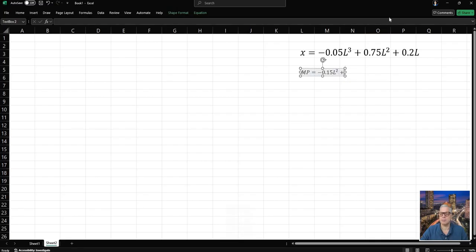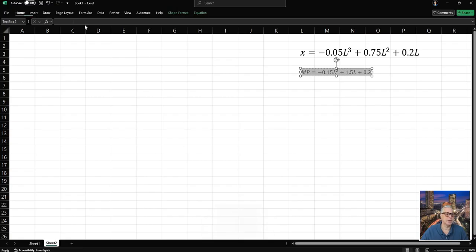And then plus, the next one, the 2 goes in front, 2 times 0.75, so 1.5 times L, then we subtract 1, so we are left with that invisible 1, and then plus, the exponent of the third term is the invisible 1, 1 times 0.2 times L raised to the 1 minus 1, so that gives again the 0, so we are only left with 0.2.